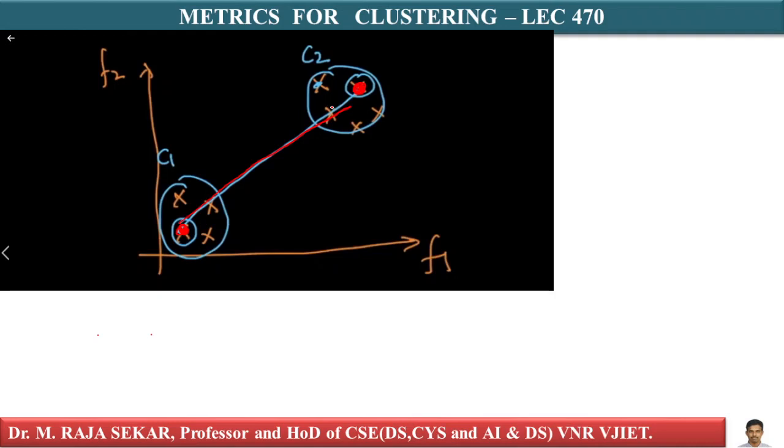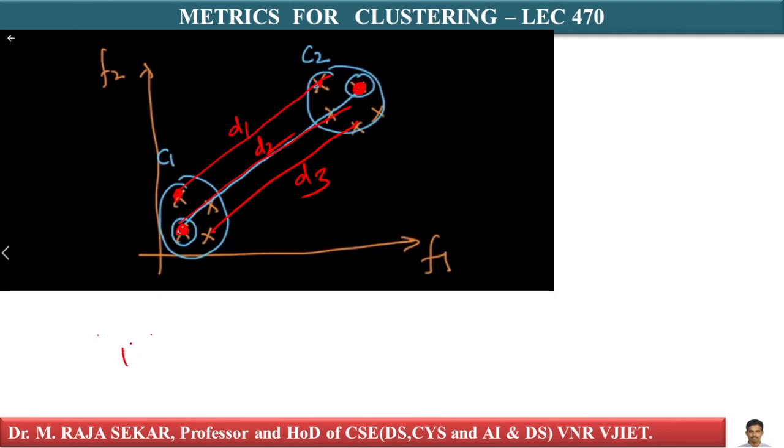Take a point here and also a point here. This is another distance. Let's say this is D1, this is D2, this is D3. Keep doing it for every pair of points.